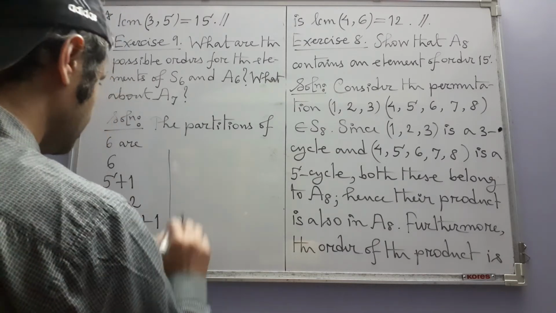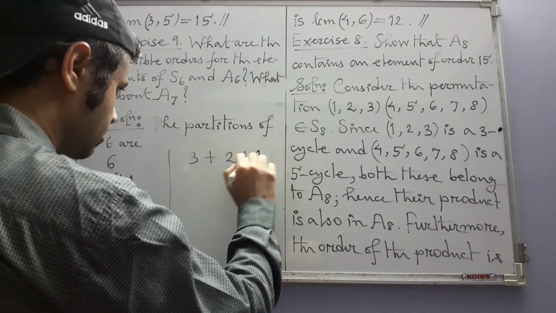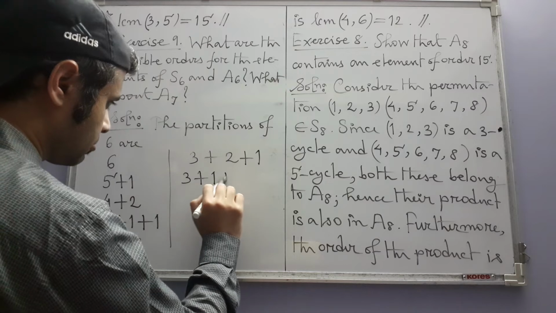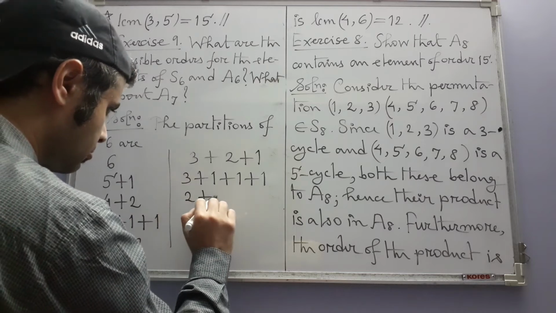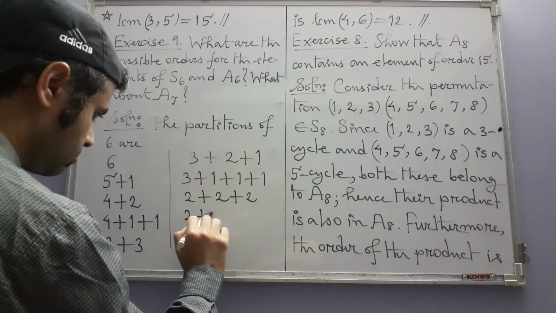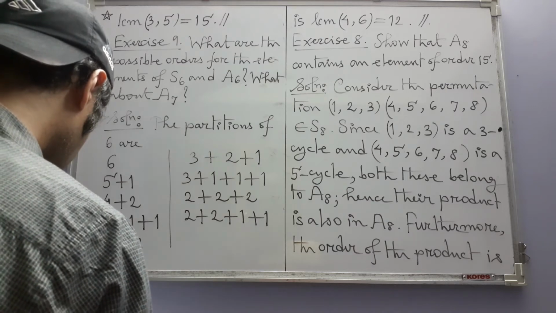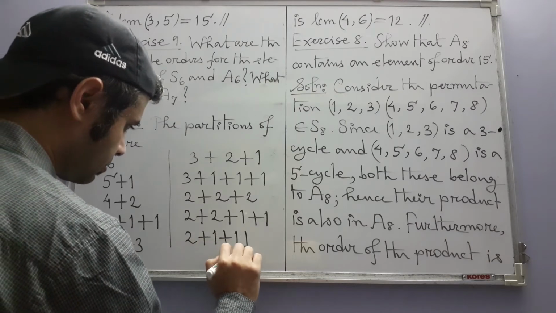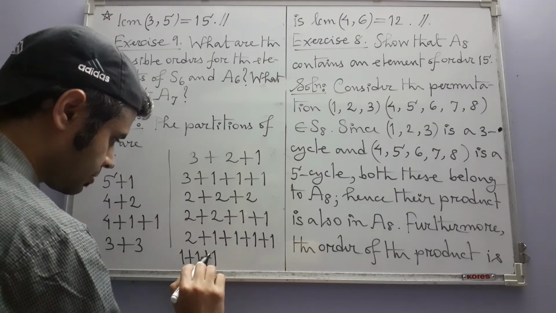Okay, so 3 plus 3, then 3 plus 2 plus 1, 3 plus 1s, 3 2s, then 2 2s and 2 1s, 1 2 and 4 1s, and lastly 6 1s.